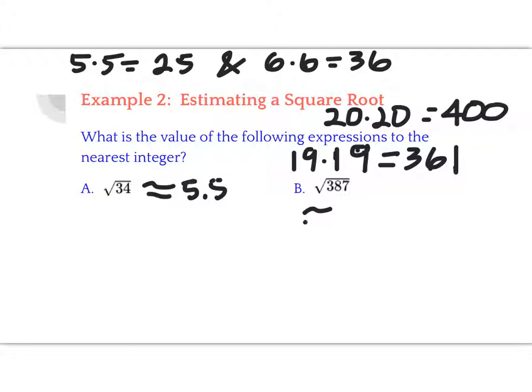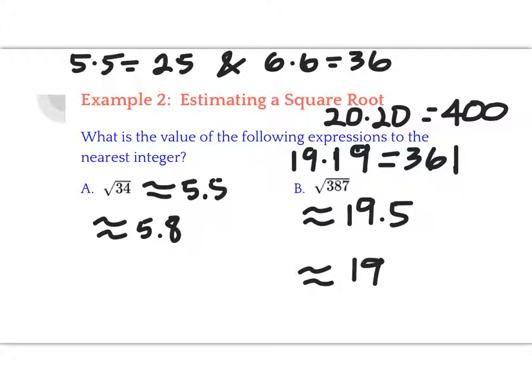So again, we'll estimate halfway and we'll say 19.5. Now it turns out that in reality, the square root of 34 actually equals approximately 5.8. And the square root of 387 is approximately 19.7. But those are pretty close without using technology.